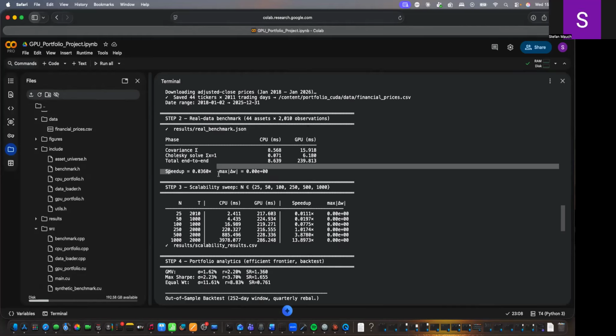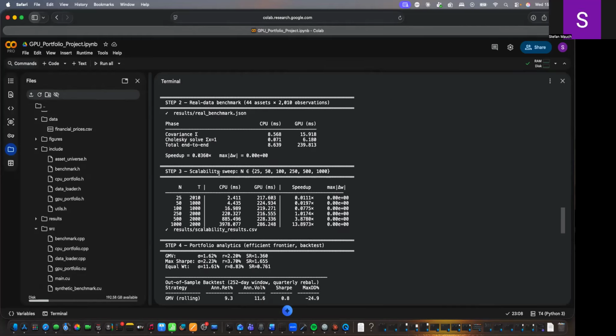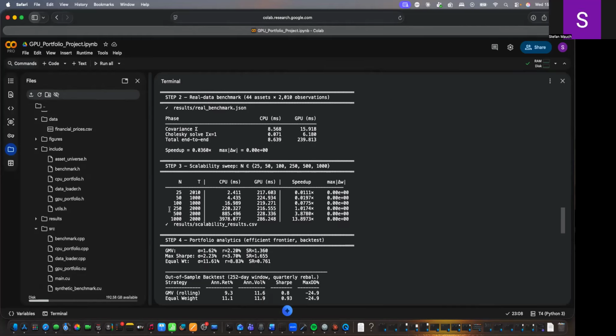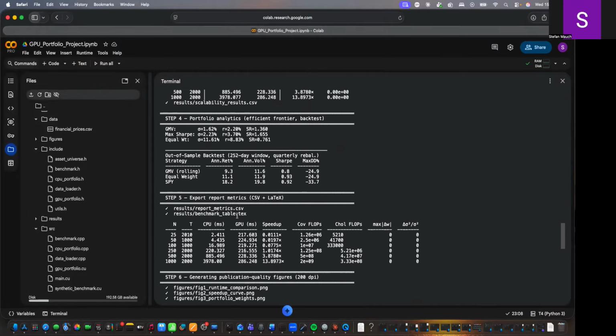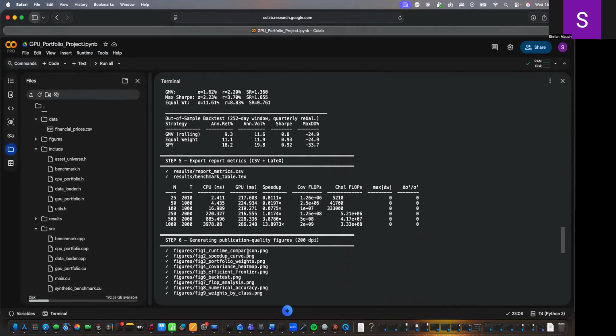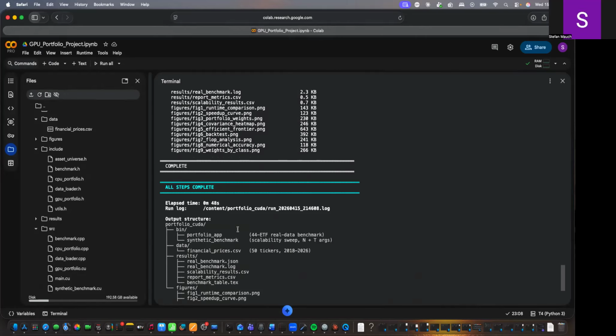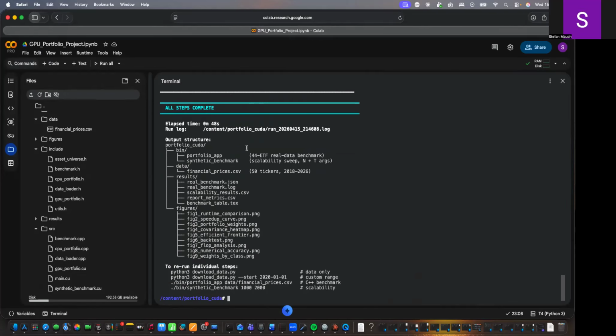So you see the speed up for each step and for each number of asset classes. The break even is the same for the total runtime, 250. So you can track those in the terminal window as well. And here, the break even is much worse for CPU. And yeah, so this is the overall structure.